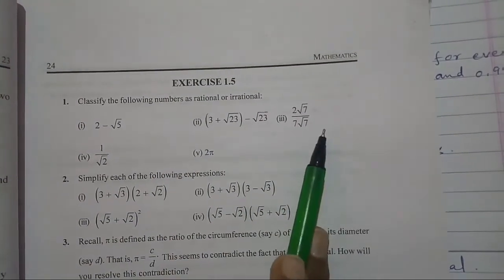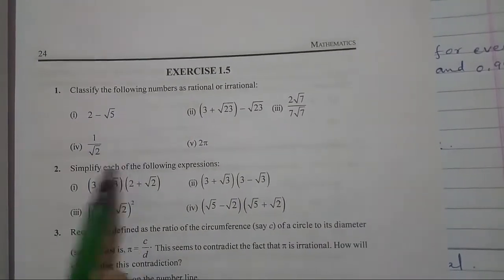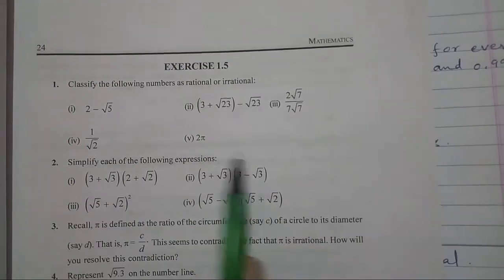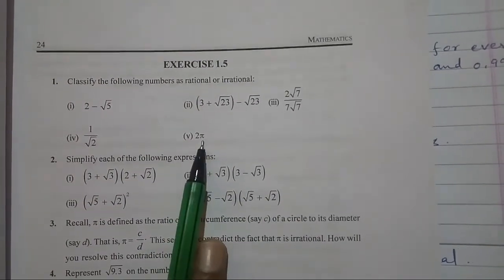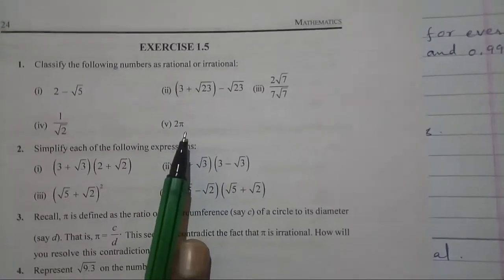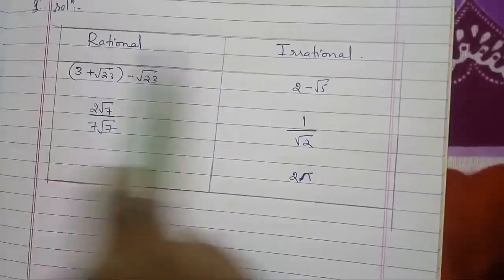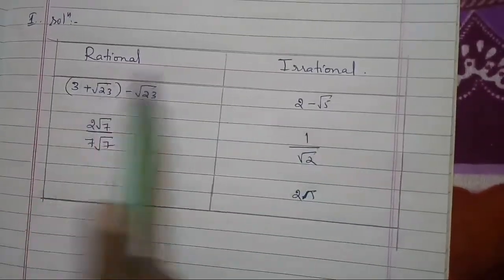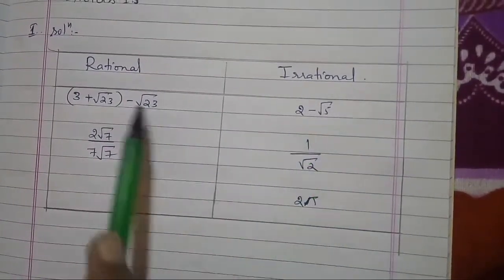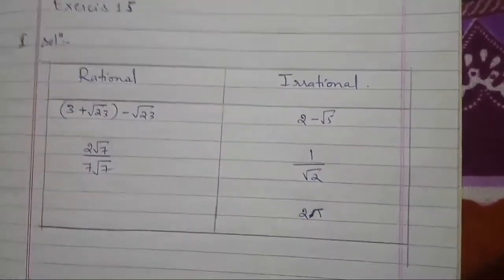Only 2 will be rational numbers. Here 2 minus root 5 is non-terminating, and 1 by root 2 is also non-terminating. 2 into pi is 3.14 something; it goes on infinitely. That's why it is taken as an irrational number. In the tabular column, make 2 columns, rational and irrational, and copy down this.